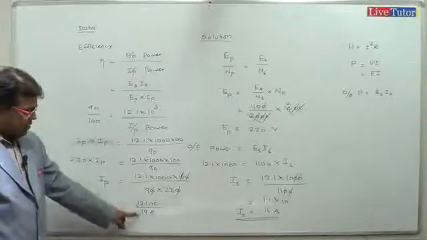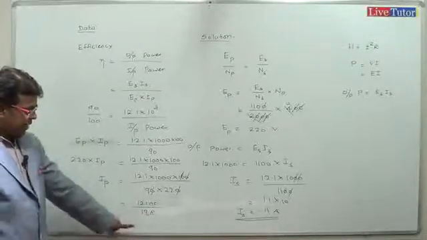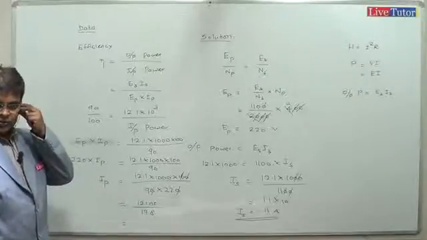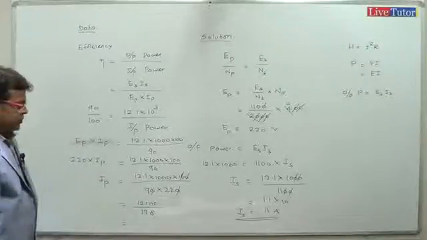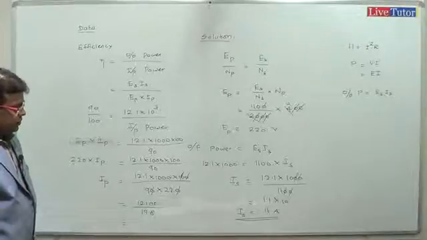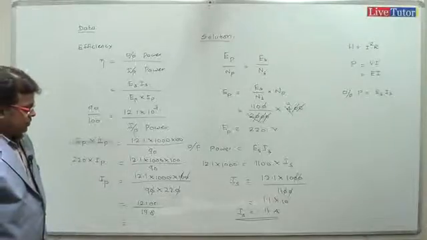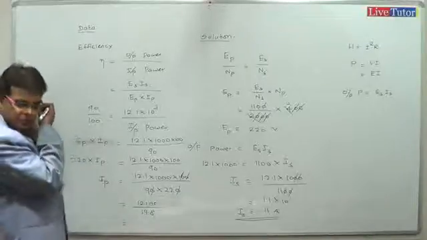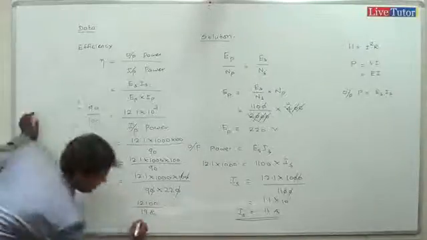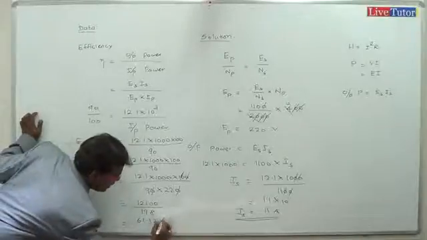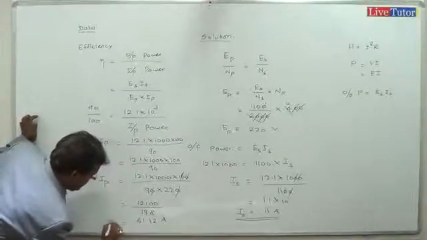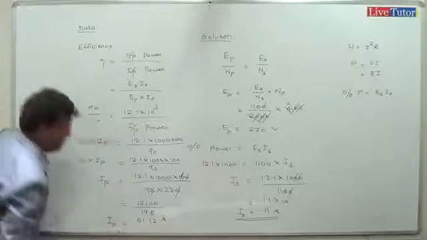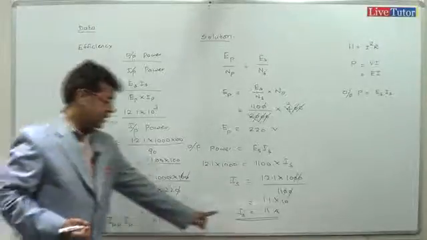Take log for this, subtract, and then take anti-log. So if you calculate, you will get 61.12 ampere. So we have got both IP and IS.